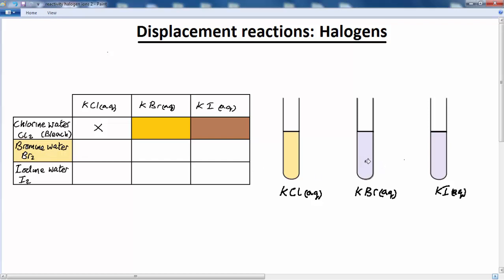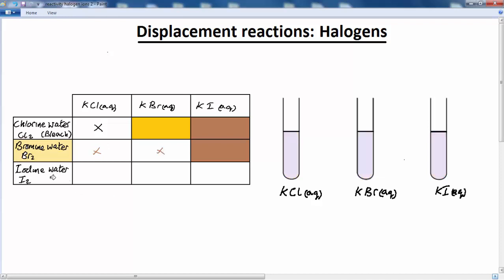Likewise with potassium bromide, no reaction takes place there, but with potassium iodide a reaction does take place. Again, as with the chlorine water, the potassium iodide changes to a darker brown colour as iodine is displaced into the solution.